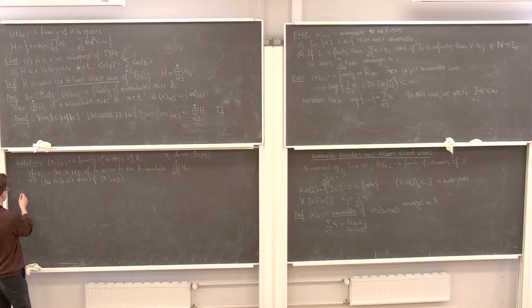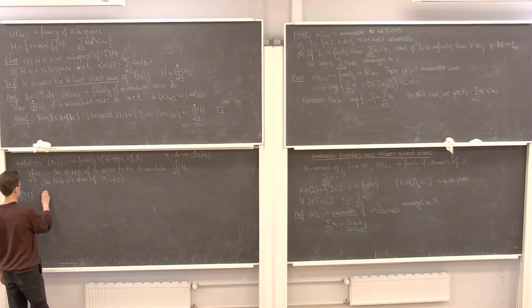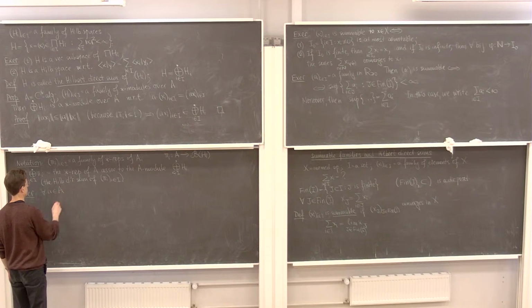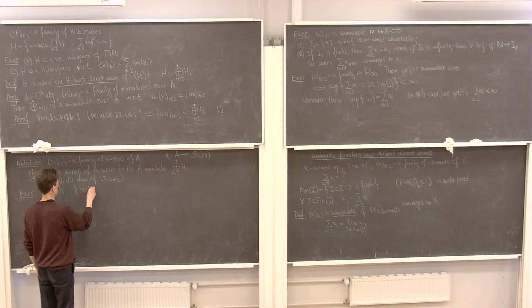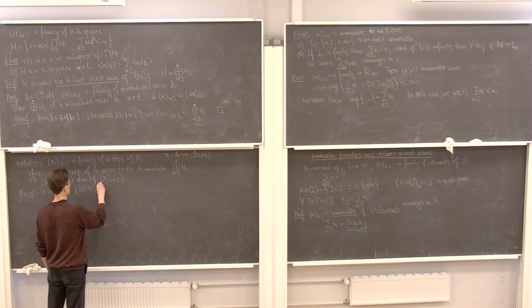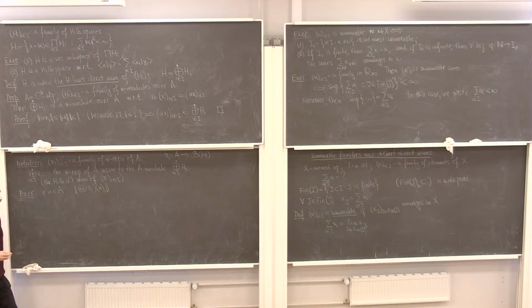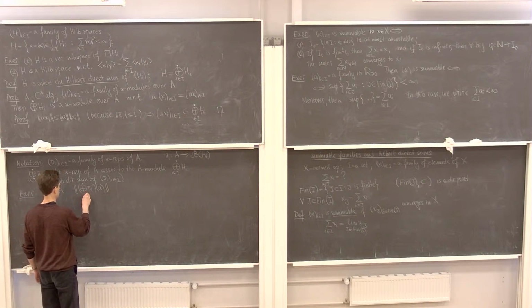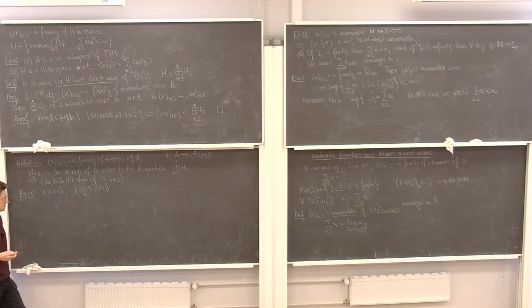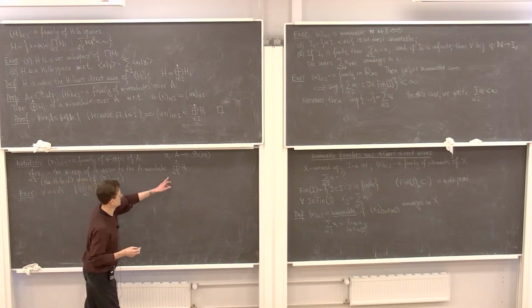Let's observe, and actually this is a simple exercise, that for every element a in our algebra, we take the Hilbert direct sum of our representations and apply this representation to a, so we get an operator on the space.